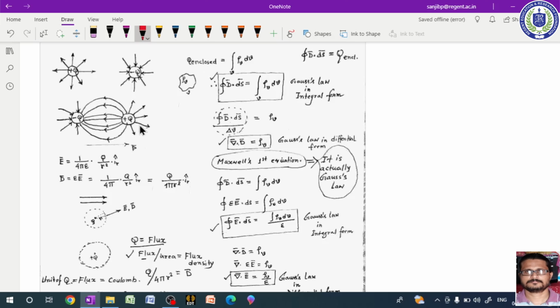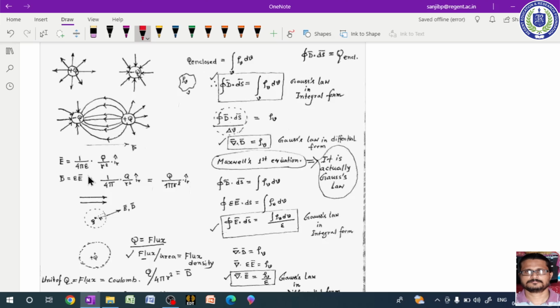If we consider two charges on a line, we will see the flux comes out from the positive charge and enters the negative charge. So the direction of flux lines is from positive to negative.